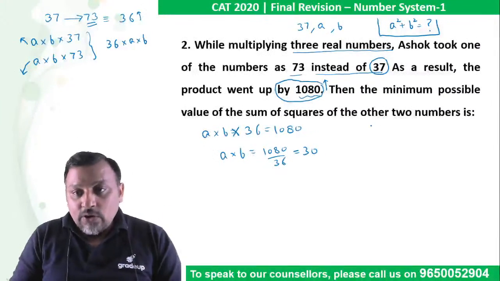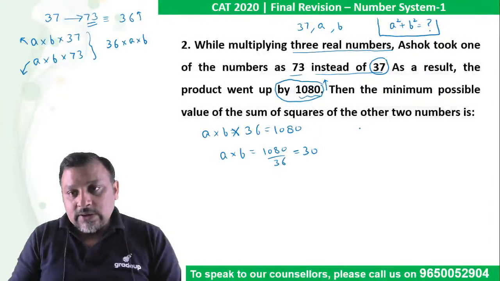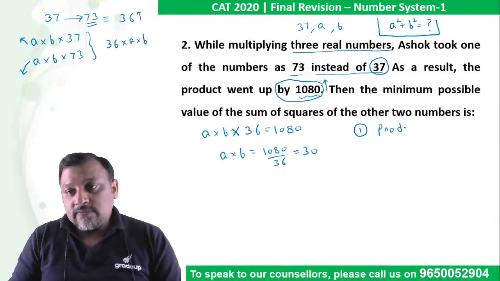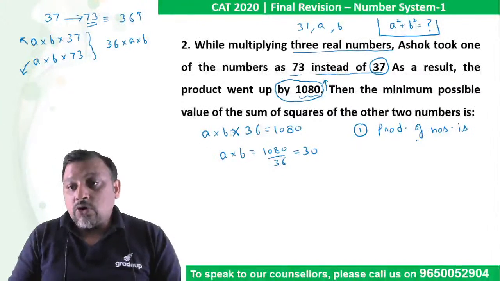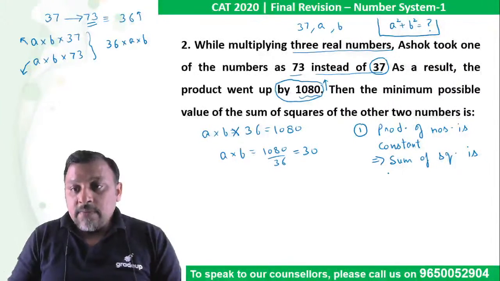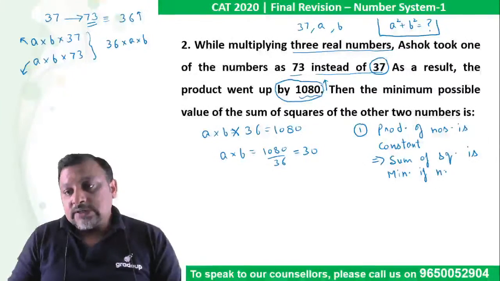There is a concept which you should know: if the product of numbers is constant, then the sum of squares is minimum if the numbers are equal.